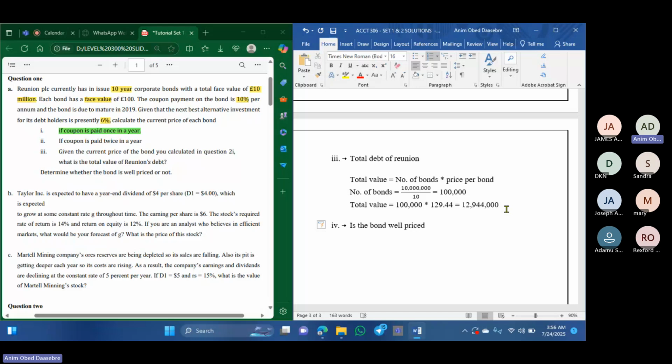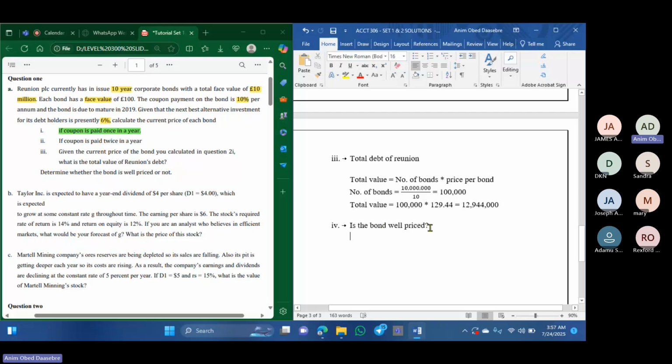So we need to do some checks to answer this question. You are going to compare some things to know whether the bond is well priced or not.